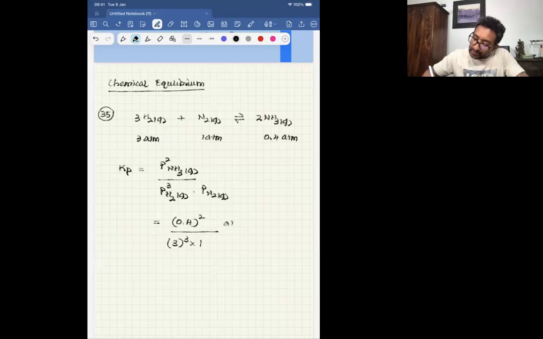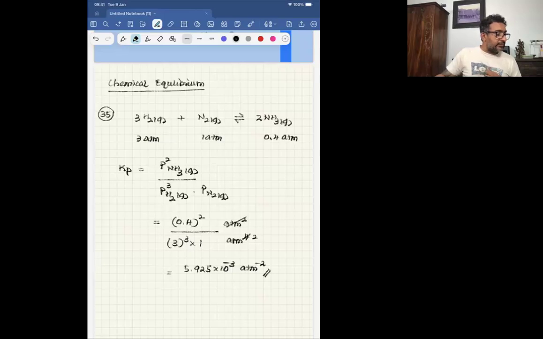The units are atm squared over atm to the power 4, so atm to the power minus 2. That gives 0.4 squared divided by 27. So you get 5.925 times 10 to the power minus 3 atm to the power minus 2.